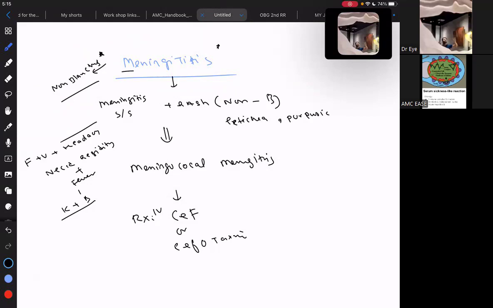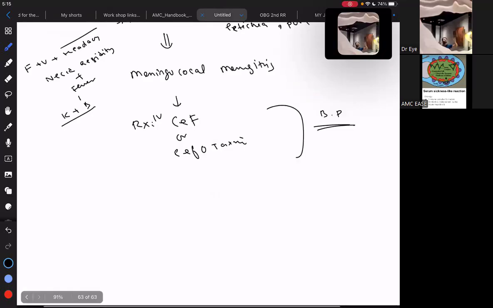Now, if the patient is allergic to this or this is not available, you can go for the benzyl penicillin. Please remember that. For the empirical treatment, you can go for the injection with benzyl penicillin or ceftriaxone. But ceftriaxone is always there, which you have to remember.